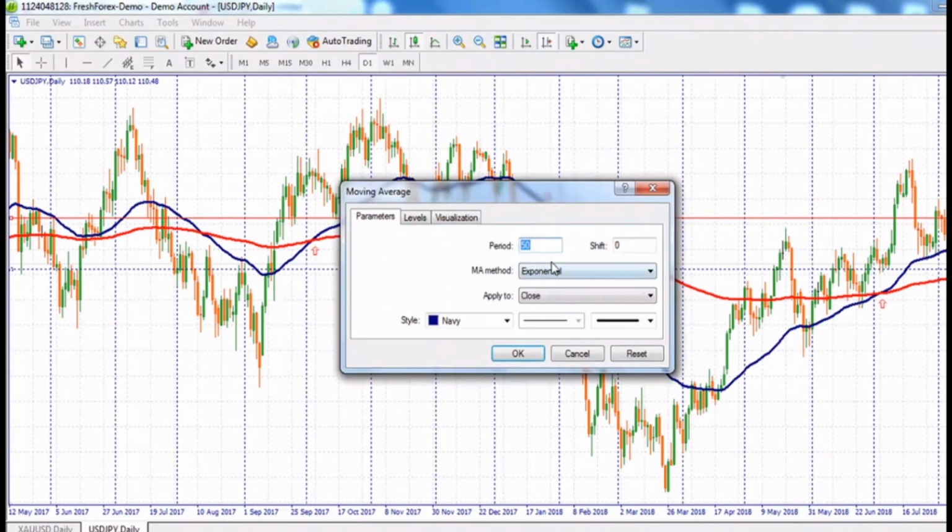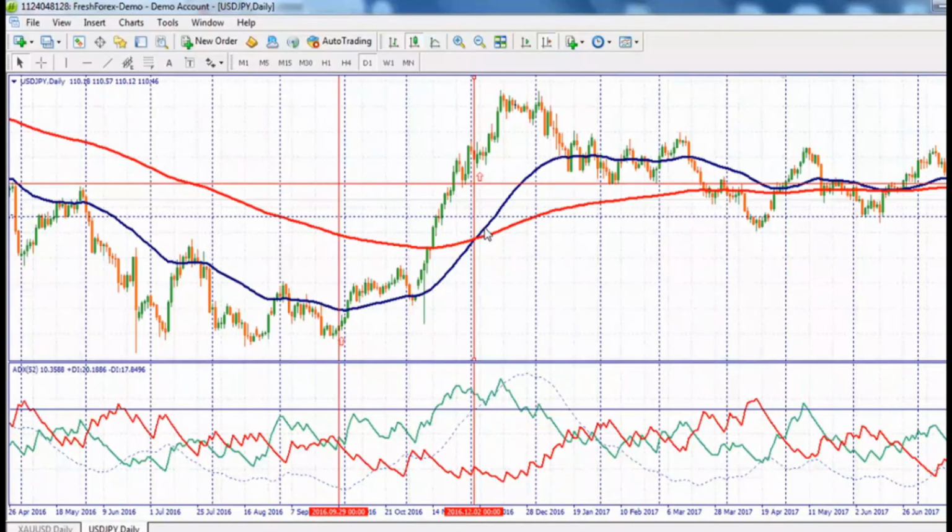Although you're an active trader, or maybe a long-term trader, you only had the best chance to buy when this happened: after the fast moving average has gone above the slow moving average, and then the dotted line has gone above 25, and the green line is above the red line. After that is when you had the chance to pick a buy position. So as it is, this is now a good trade for you.